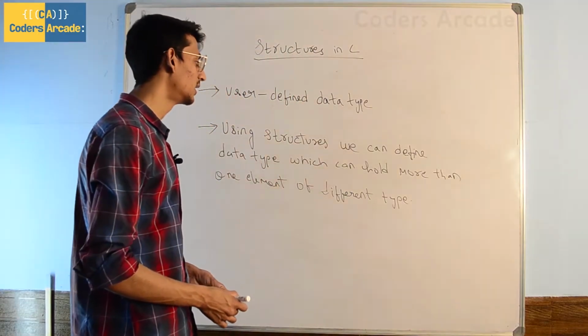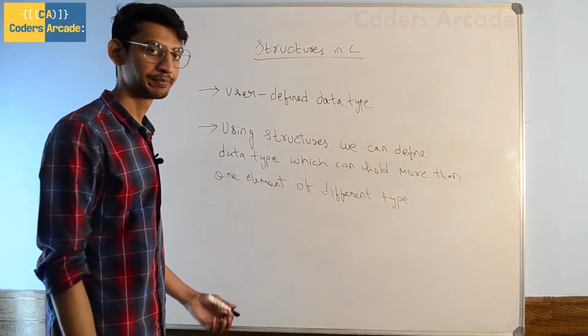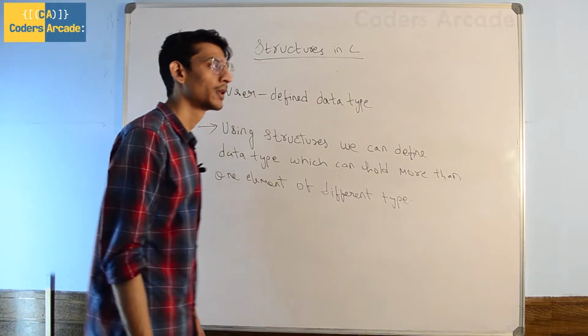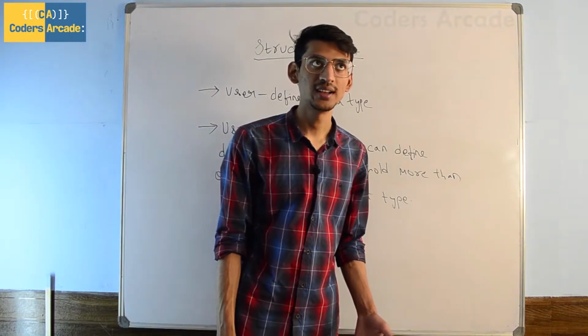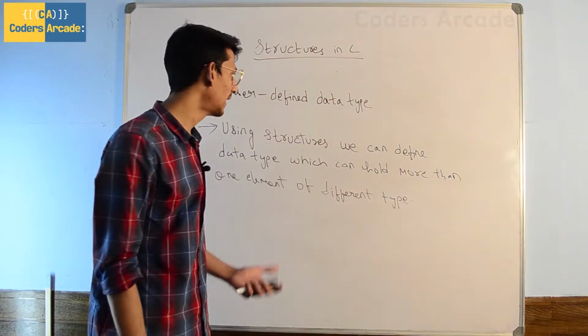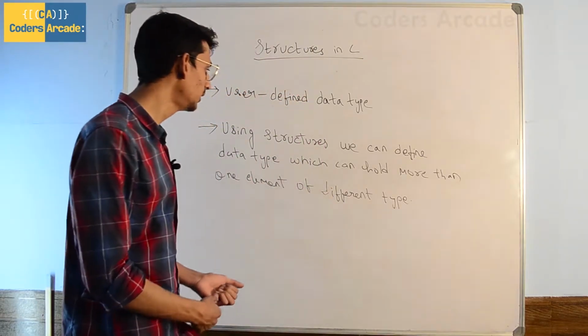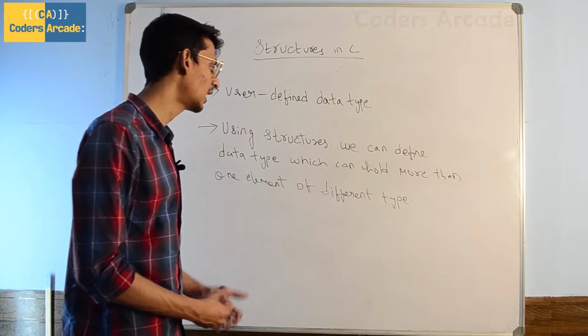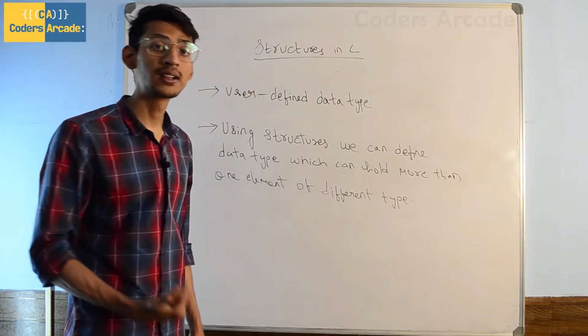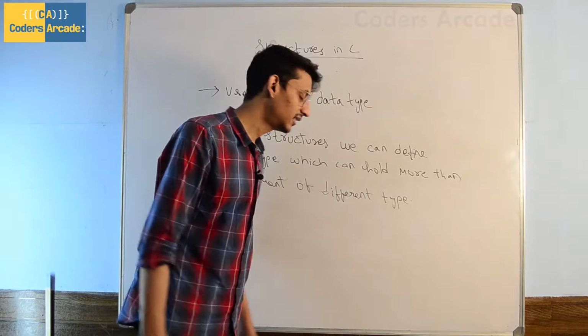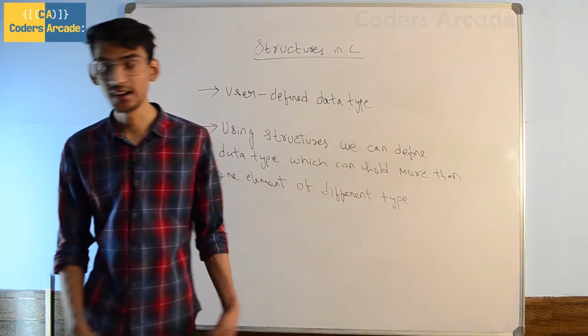So structures are nothing but a user-defined data type. Unlike primitive data types such as int, a user-defined data type is a collection of more than one element. Using structures, we can define data types which can hold more than one element of different data types. Let's see the syntax to get more clarity on this.